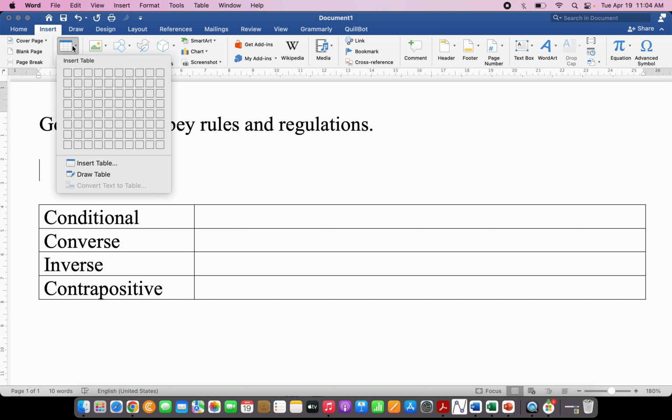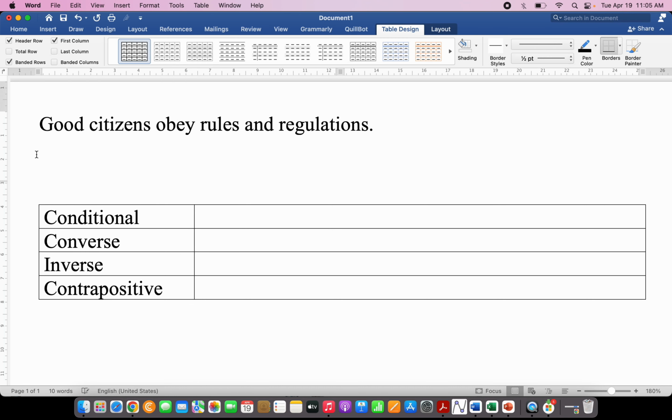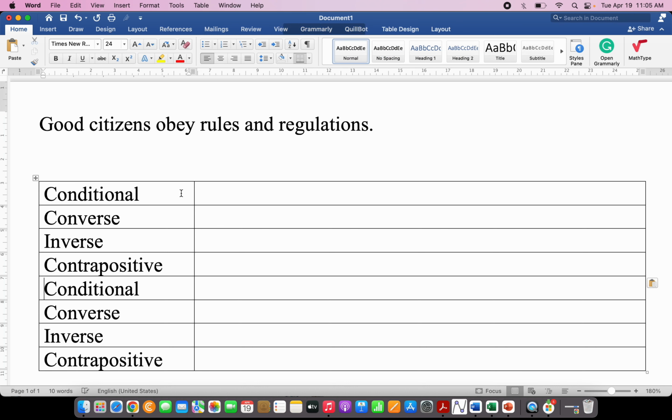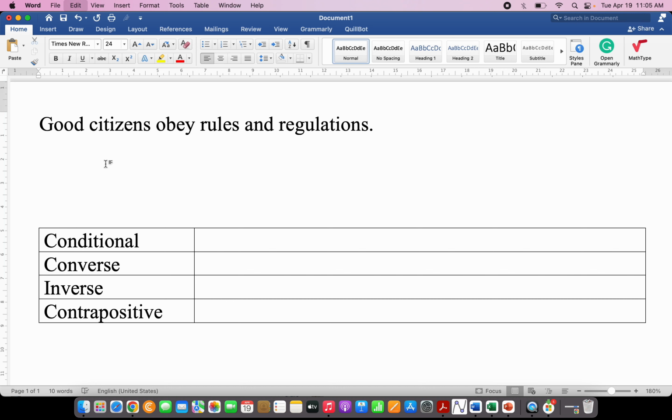Gawa tayo dito ng another table. Kopyahin lang natin pala.